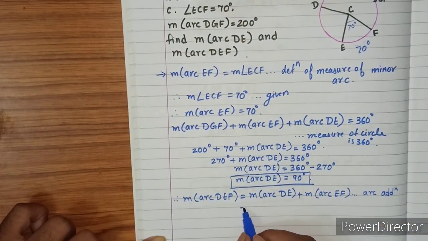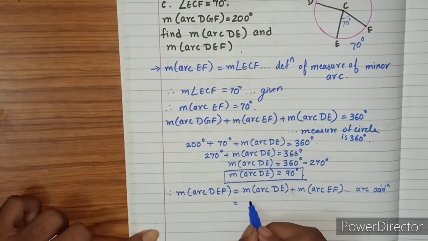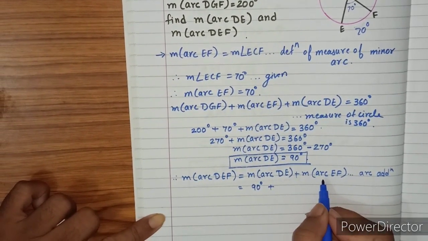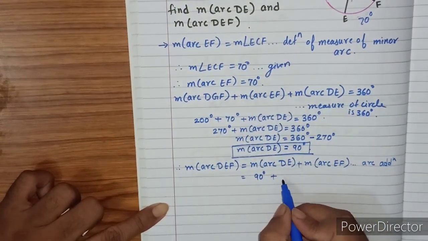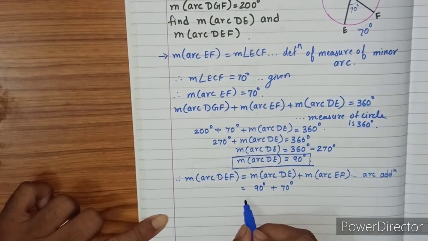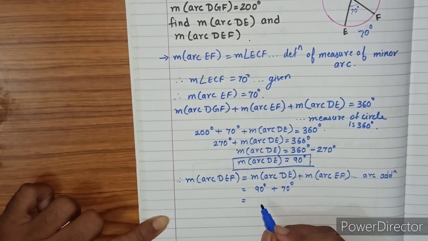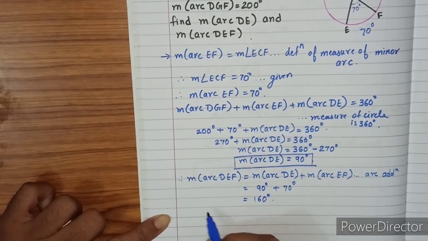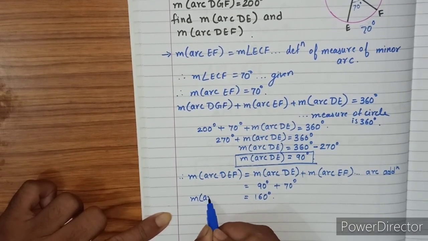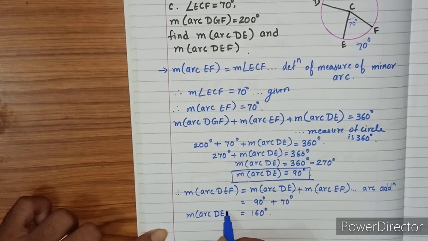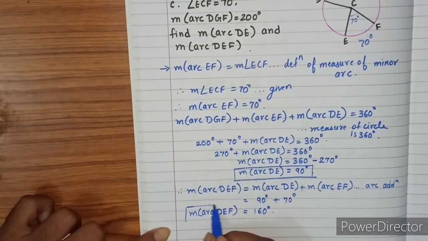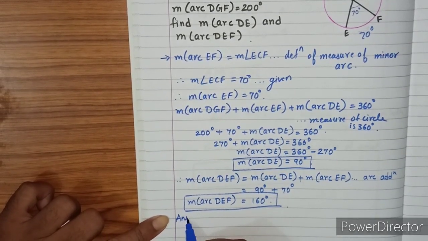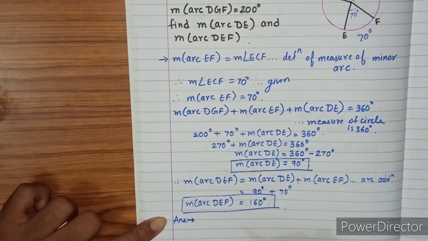Okay, let us substitute. DE, we found it is 90 degree plus EF is 70 degree. Okay, so 90 plus 70 gives you 160 degree. This is measure of arc DEF. This is your second answer. Okay, so answer statement you have to write it.